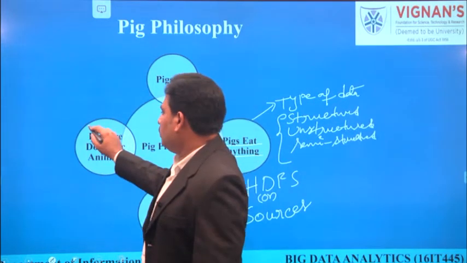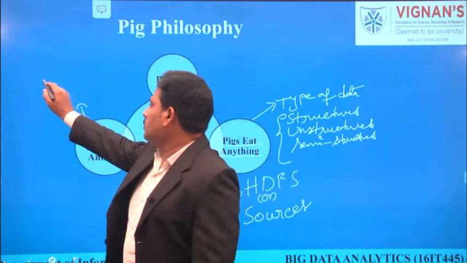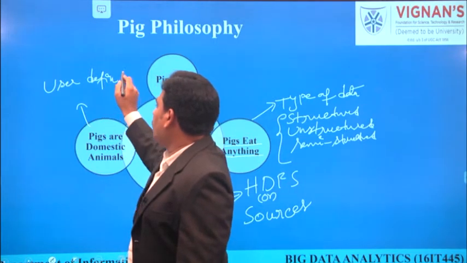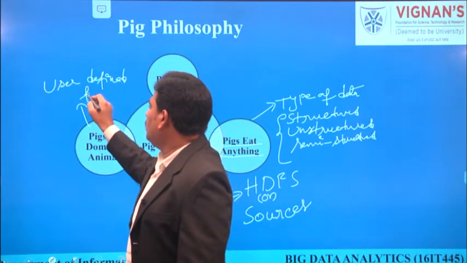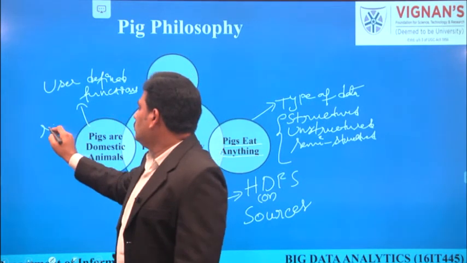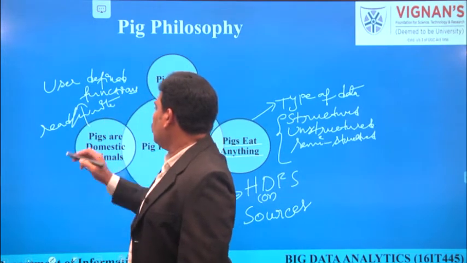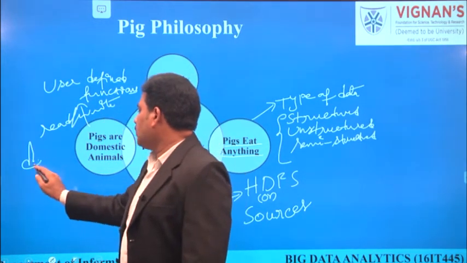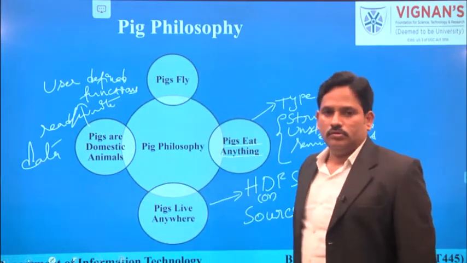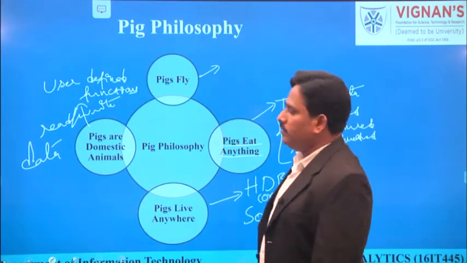Pigs are domestic animals. That means in the Pig environment, we can write user-defined functions. Pig will permit us to write user-defined functions in order to perform read and write operations on the data which has been stored. That means Pig allows us to write user-defined functions. Pigs fly.